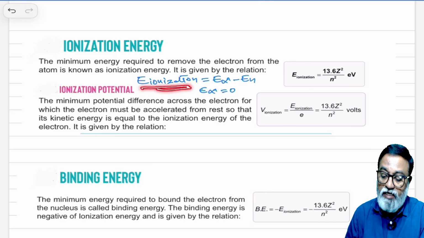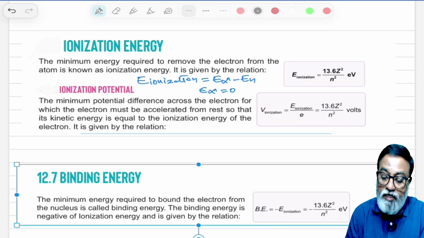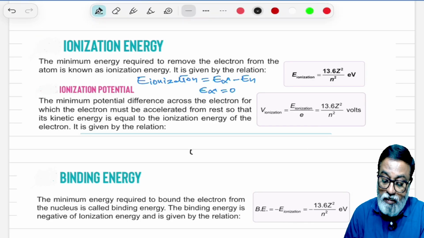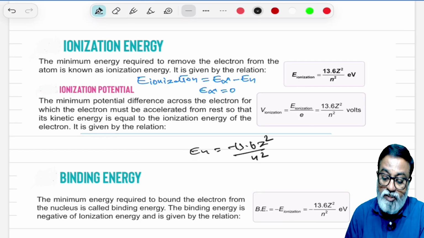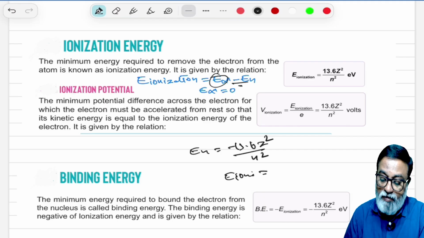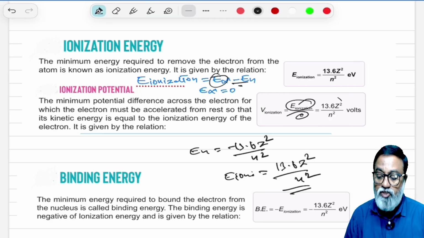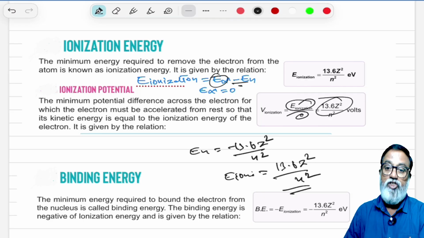En is minus 13.6 Z square by n square. So E ionization is E infinity, 0, minus En, minus into minus plus, therefore 13.6 Z square by n square. Same thing: ionization energy by e is called ionization potential.